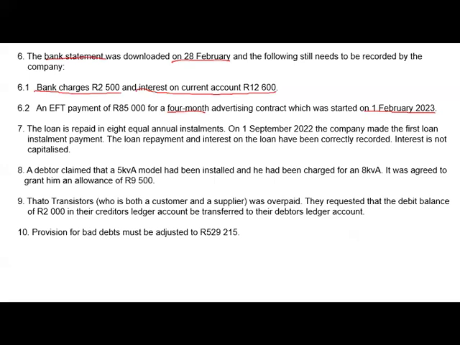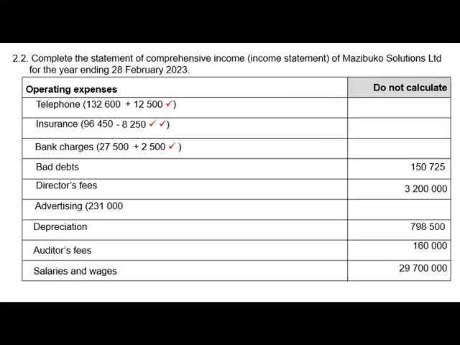Can I include the entire 85,000? Guys, here you needed to know that that 85,000 is not included in advertising. So you only include what falls within the financial year. We received this bank statement on the 28th of Feb.